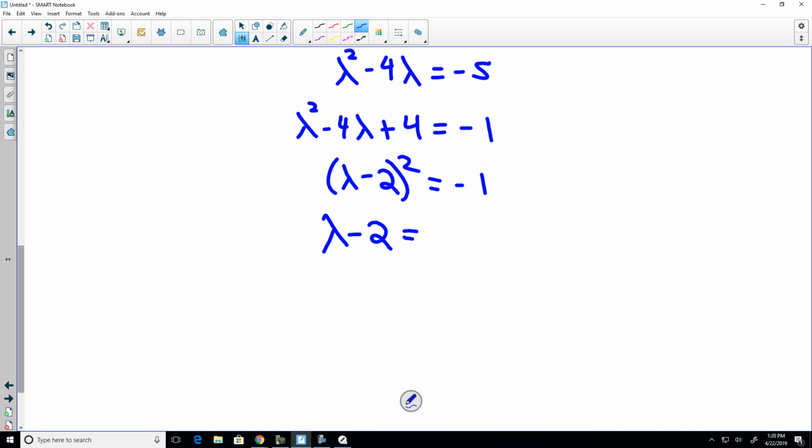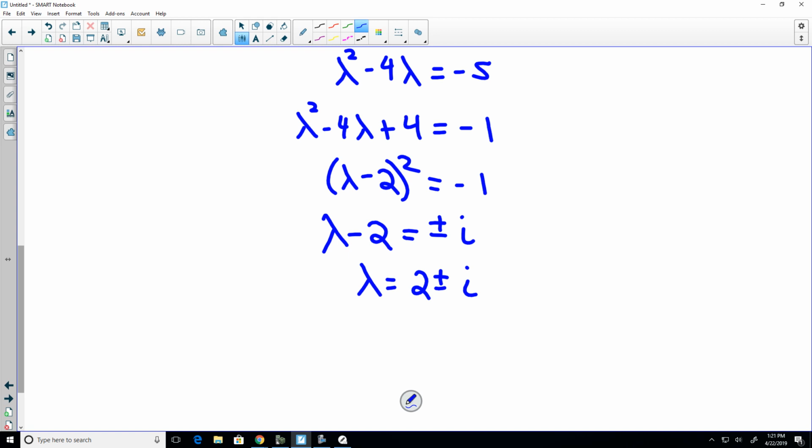So I take the square root of -1. What do I get? i. So there's your complex part. Add 2. We get 2 plus or minus i. So we get two different eigenvalues.